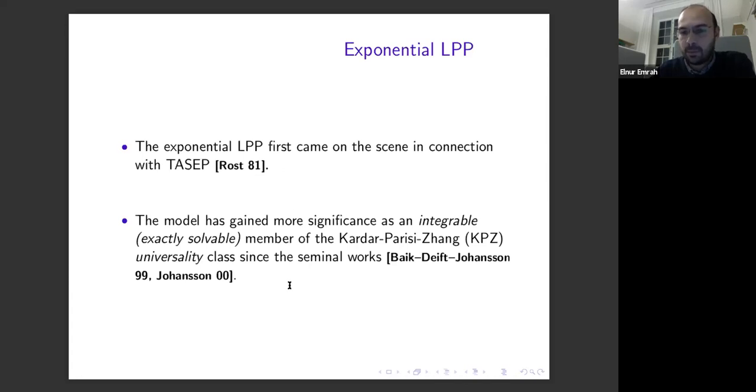And it's also an integrable member of the KPZ universality class. This is well known since the seminal work of Kurt Johansson in the early 2000s. So for us, this will be a prototypical setting to develop our arguments, but as I will argue later, the arguments we develop have potential to extend beyond this model.